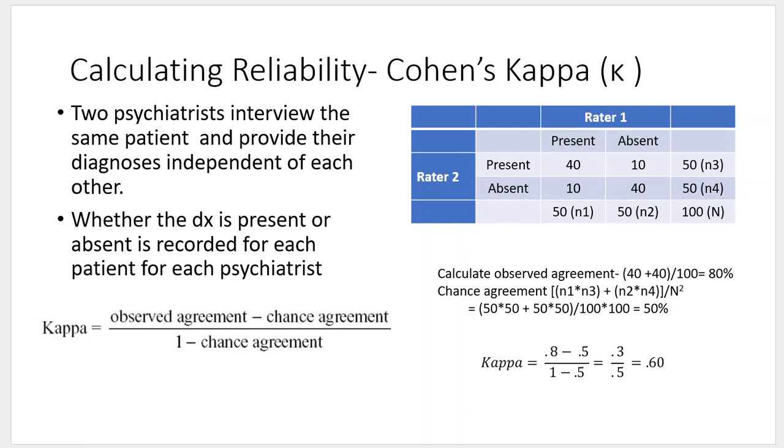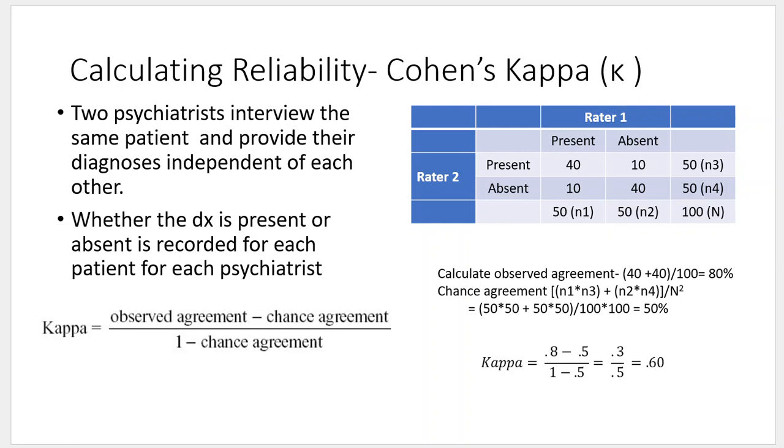So if these two psychiatrists are enrolling people in a clinical trial, this is a problem because the people going into the trial will not necessarily have the diagnosis of interest. So what do you do here?